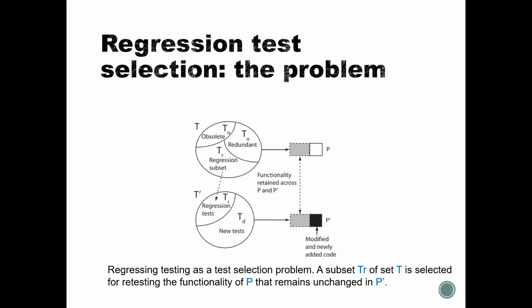Maybe it is obsolete, or it is redundant, and other reasons. So what you want is to find a regression test subset, which is TR in this case, with which you want to retest the functionality of P dash.